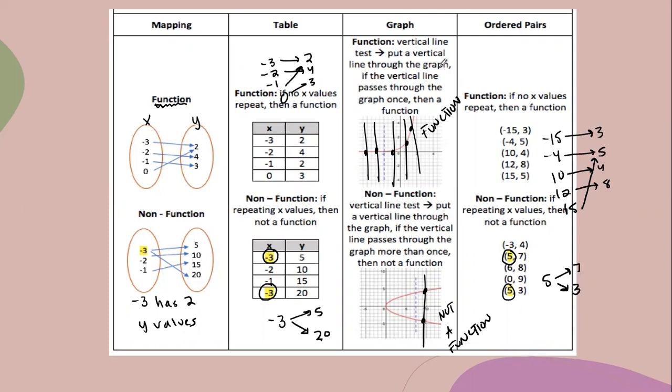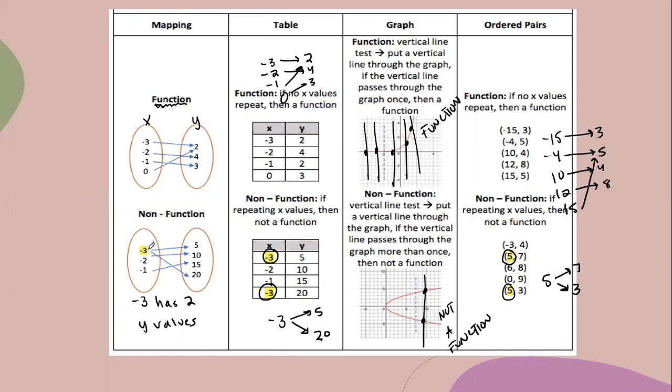Yes, ma'am. Okay, so for function, you said that if it is a function, then it's only going to go to one of the numbers on the y. So if it's a function, x should only go to one y. And if it's not a function, then one of the numbers on the x-axis is going to two numbers on the y-axis.